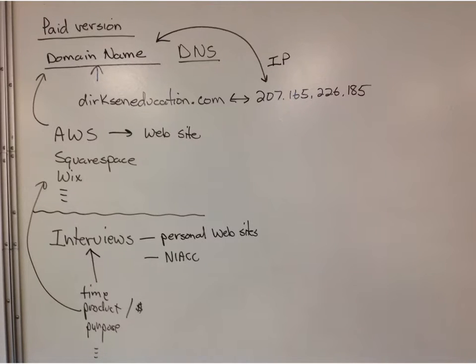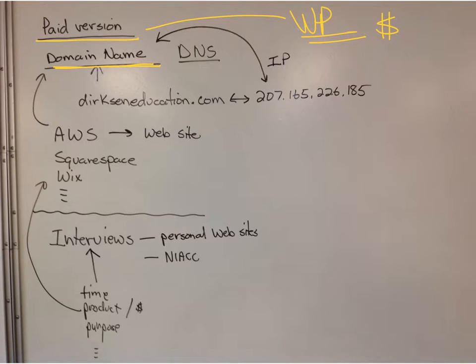Last thing then we'll talk about the WordPress will constantly remind you that you can get the paid version, and in the paid version they'll get you a domain name.